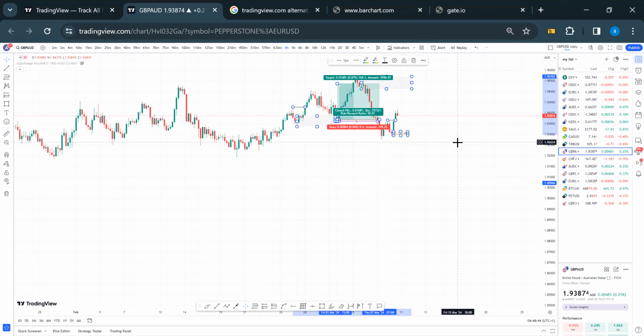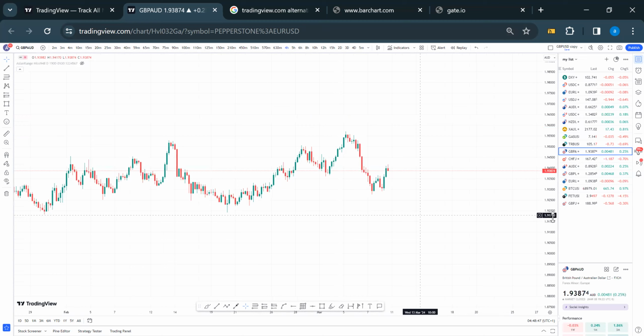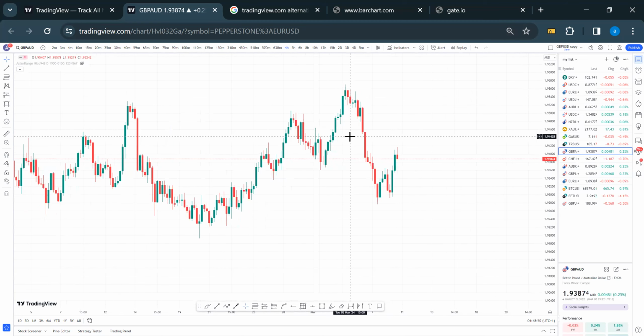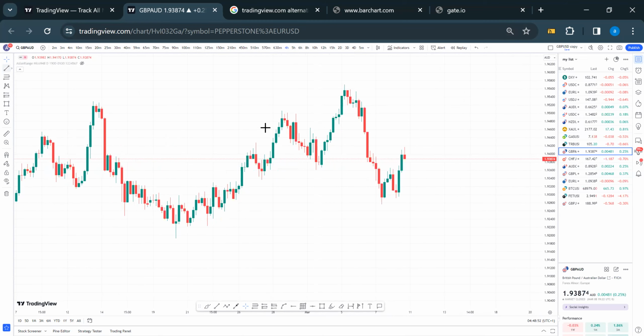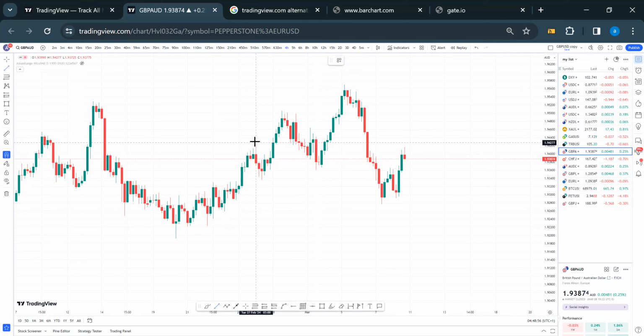So this is another example right here. We have this break of structure from here. Okay, we have this break of structure here.